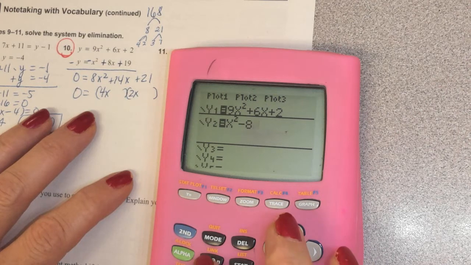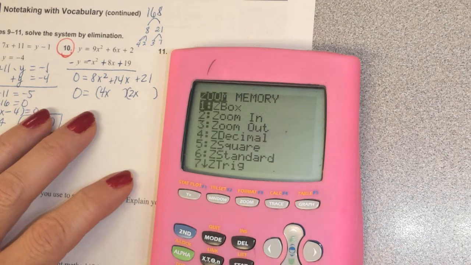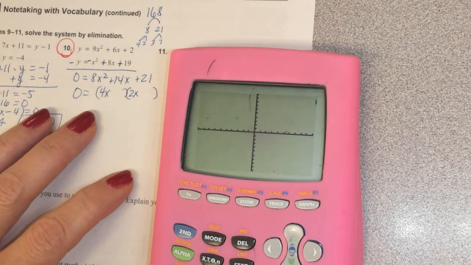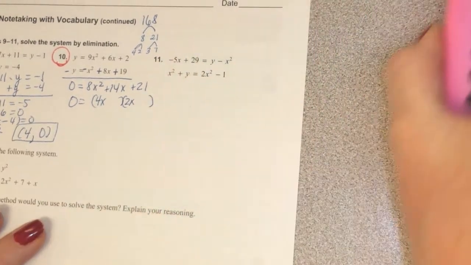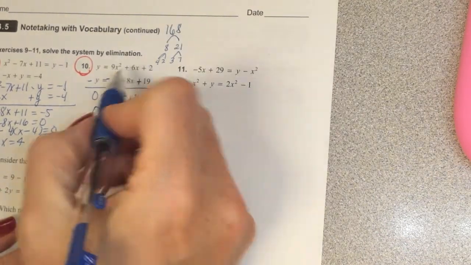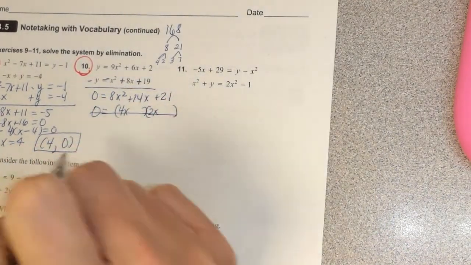I'm going with what I originally had here. So here's my first parabola. And here's my second parabola. All right, so what does that tell us then? There's no solution, is there? Okay, so that explains why it wouldn't factor.